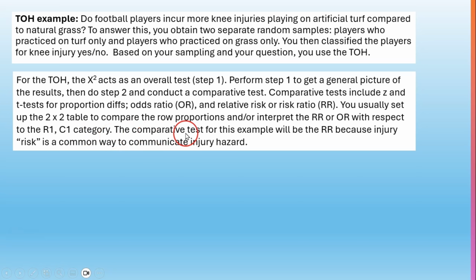The comparative test for this example will be a risk ratio or relative risk, and the reason is because the example involves injury. When you talk about injury, injury and risk go together. Injury risk is a common way to communicate injury hazard. So we will use a risk ratio.